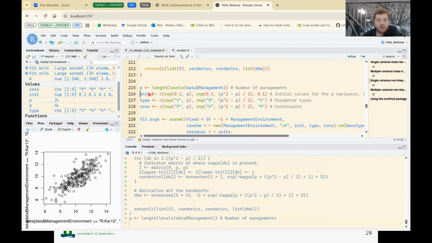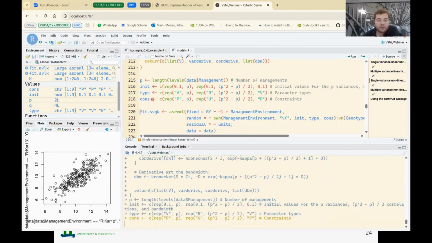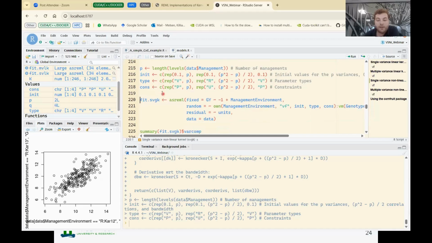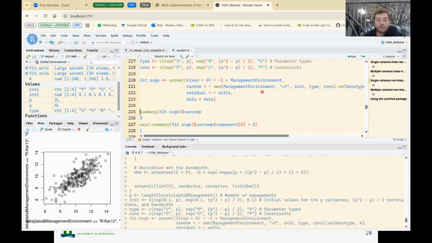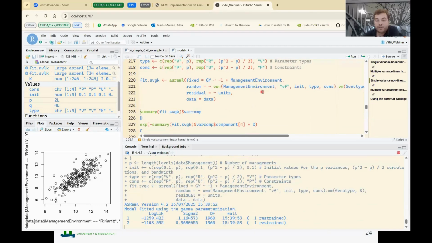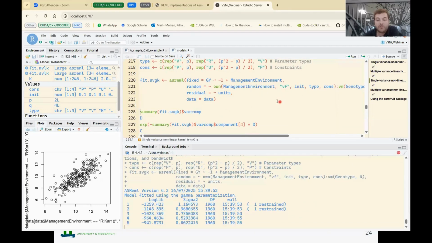We will set the initial values, the types, and the constraints. And you can see that the last one is the bandwidth. So we just use 0.1 as well. We treat it as a variance because it has to be positive. So essentially it should follow the same rules as a variance. And we set the constraint here as well. Then we fit it. So the call to ASReml looks basically the same, except that it's going to estimate this bandwidth now as well.